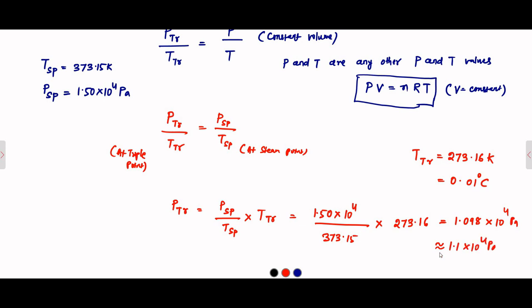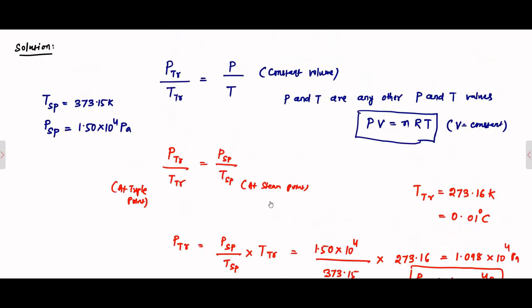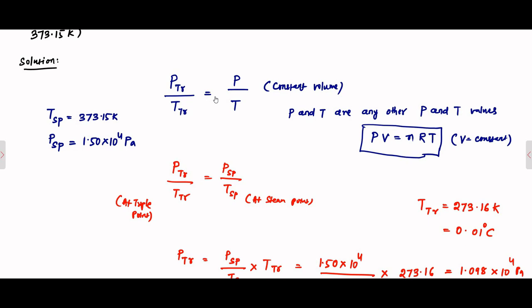This will be the triple point pressure. Simply we have used this relationship that the ratio of the triple point pressure and triple point temperature is equal to the ratio of pressure and temperature at any other point, governed by PV equals nRT, where volume is constant.